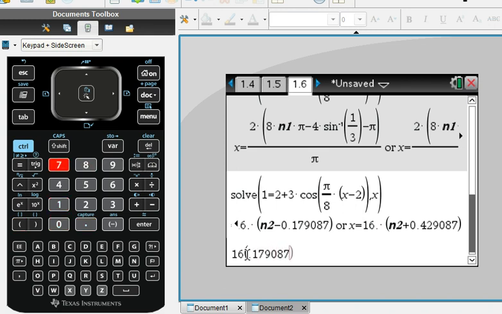0.179087. And actually, I think I'm going to use the curly brackets here and do both of them at once. Sorry, I changed my mind of what I wanted to do. 16 times 0.179087, comma, and then 16 times the next number, 0.429087.